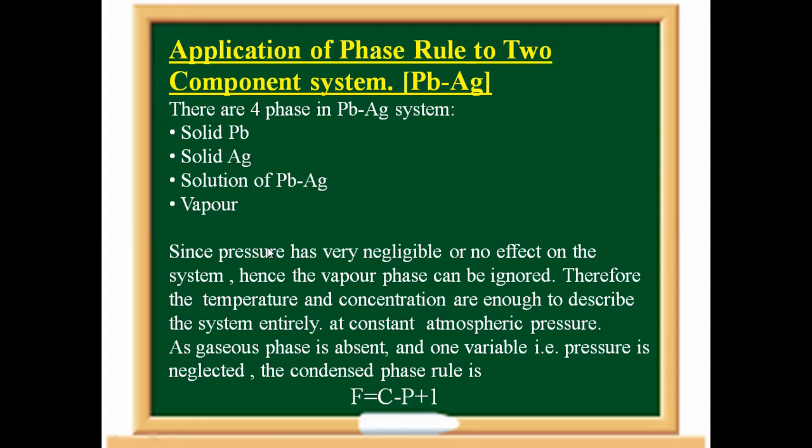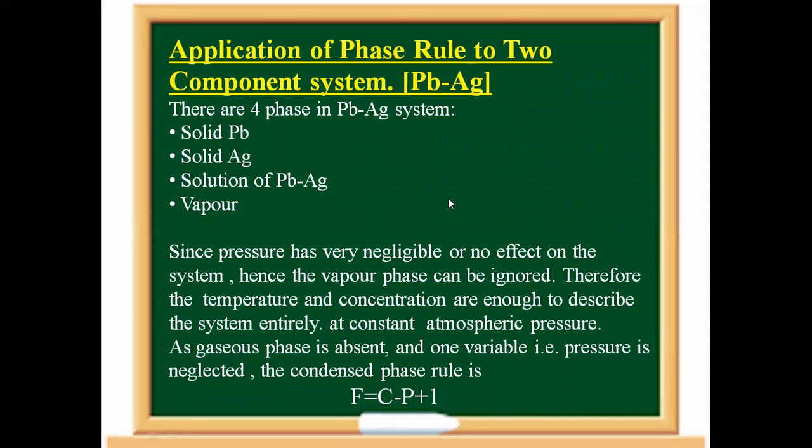Pressure plays absolutely no role in this. That's the reason the Gibbs phase rule gets reduced by one variable, and then it is written as F is equal to C minus P plus 1. Okay, this phase rule is called the condensed phase rule.